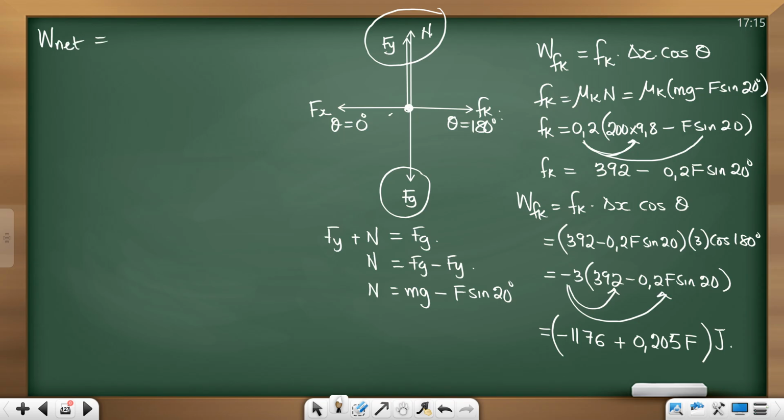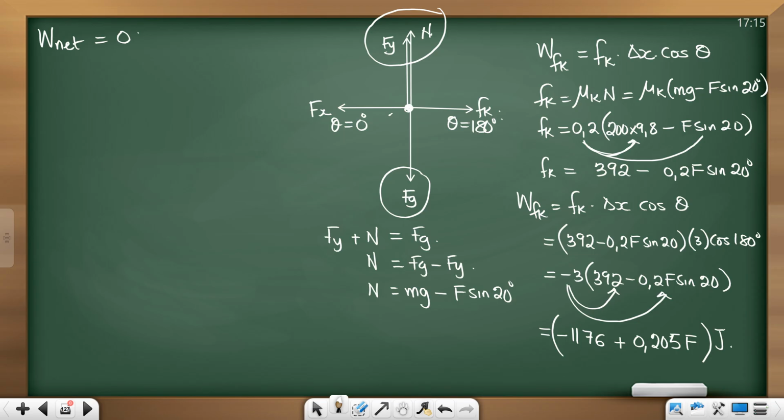Here's the deal. How many forces are we looking at? Look at your free body diagram. How many forces are doing work? 5. But how many are doing work? 1, 2.